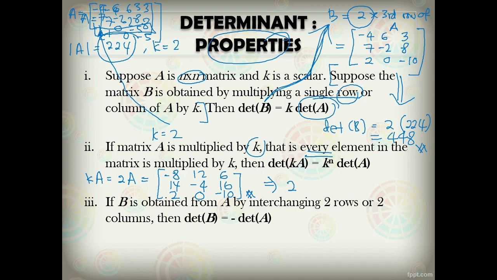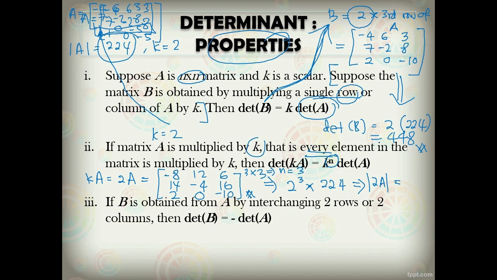What is our n? n is the order of our matrix. Since this is 3 by 3, our n is 3. So here, 2 to the power of 3 times 224. Multiply this, and you will get the determinant of matrix 2A.